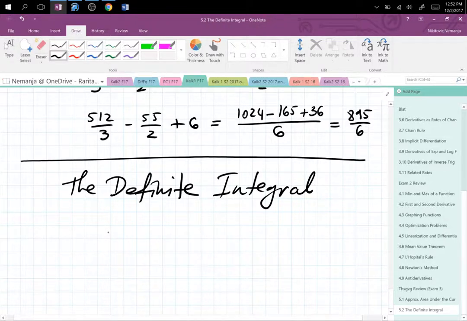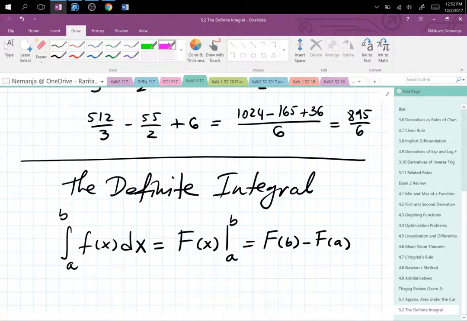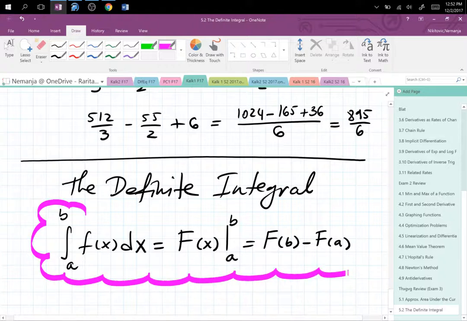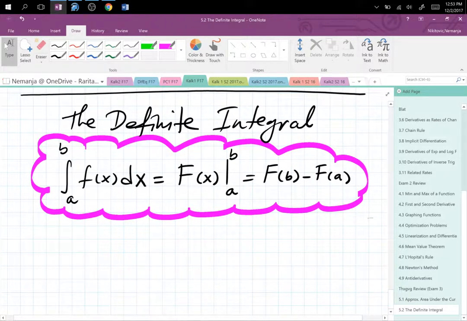So first we say integral a to b of f of x dx is equal to the antiderivative capital F of x computed from a to b, which is F of b minus F of a. So that's the definite integral.